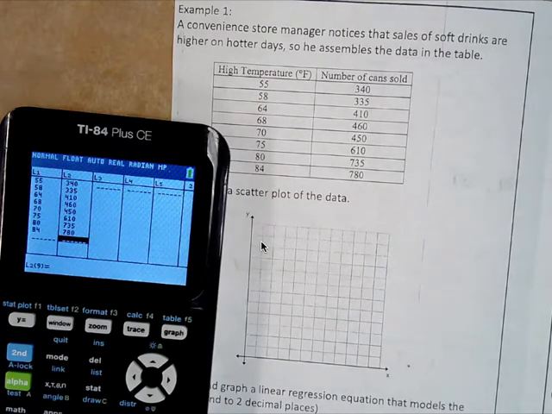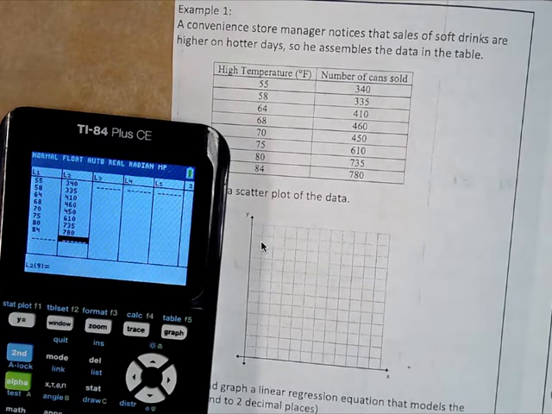Because if you accidentally mess up one of your numbers, then your equation and everything you do after that is not going to be right.